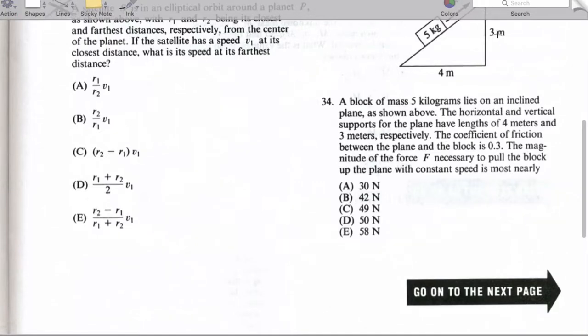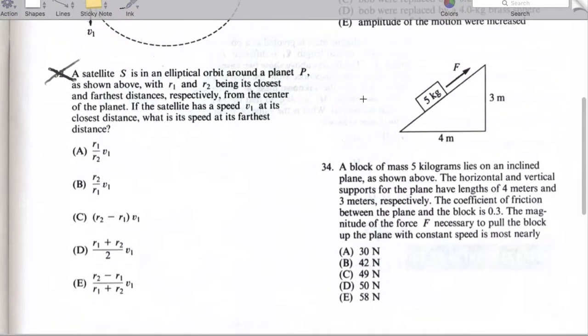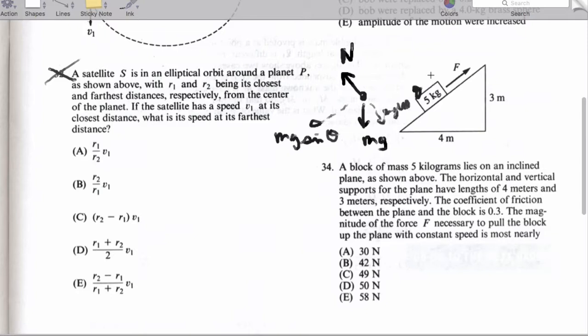So here, our classic inclined plane. Let's draw our own free body diagram. We've got the normal. We've got mg sine theta, and mg cos theta. Now let's go see what they want. We want F necessary to pull the block up the plane with constant speed.